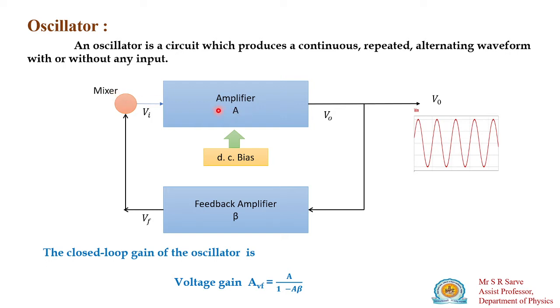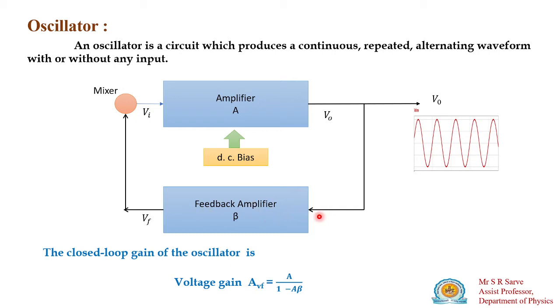Whenever you supply any input, or even if there is no input, by using DC biasing voltages it takes the input, and this input is amplified by this amplifier and it generates the output. Then this output is fed back to the feedback amplifier.